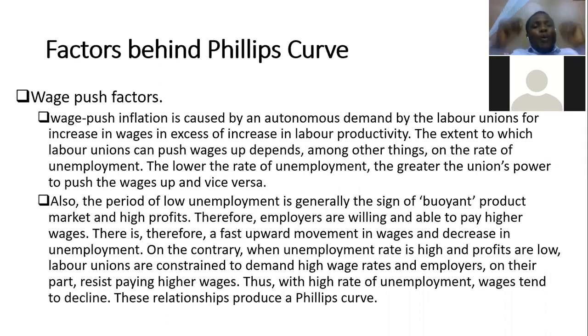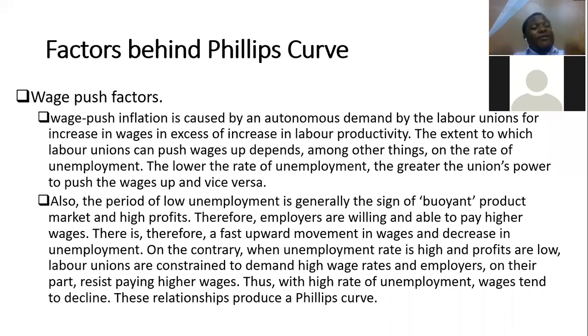Okay, but when you have autonomous demand by labor unions, they cause market distortions. Labor unions cause market distortions. When labor unions wake up to now ask for an increase in wage that is above their labor productivity, this will naturally cause wages to go up.